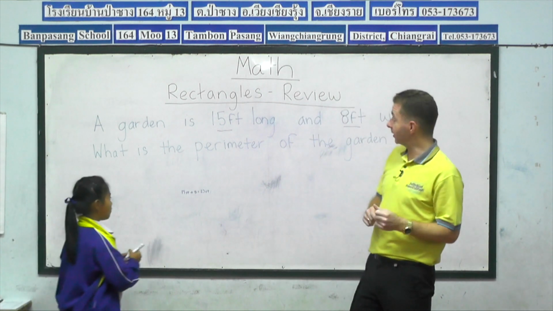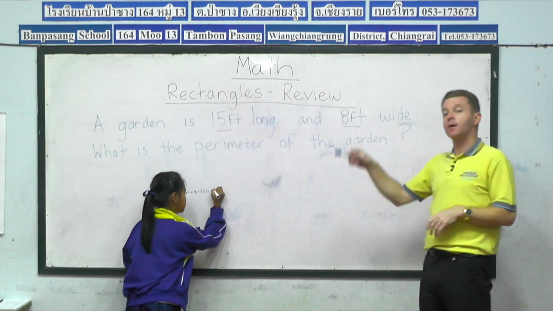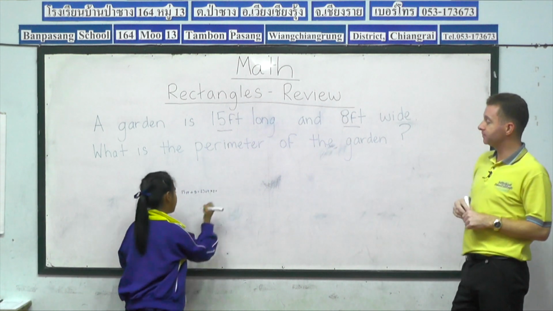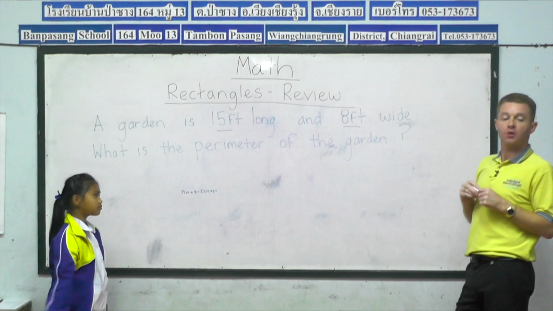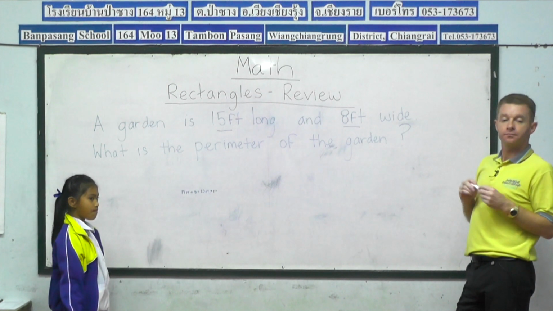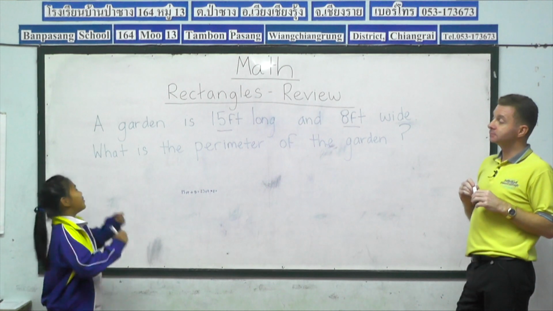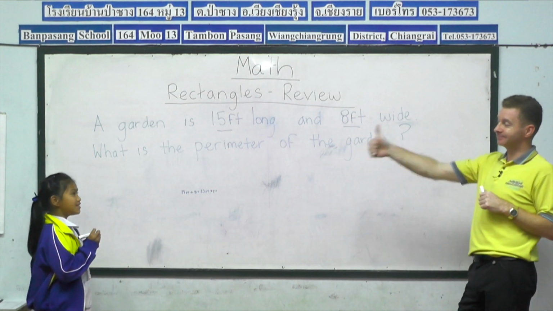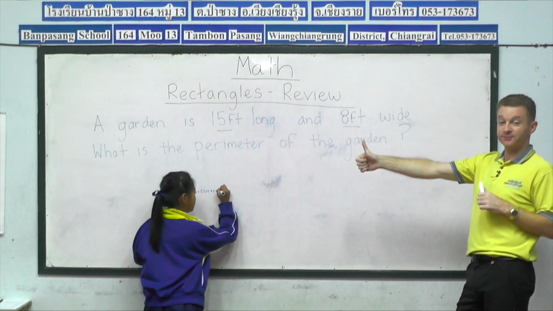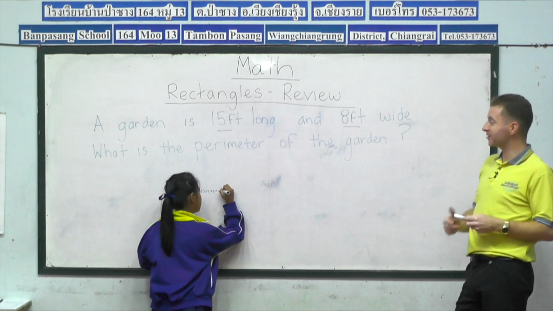Times 2, correct, well done, Dan. So we've got 23 foot, but we now need to times that by 2. So 23 times 2. Or 2 times 23. Perfect. You see, we're working out the perimeter of the garden.